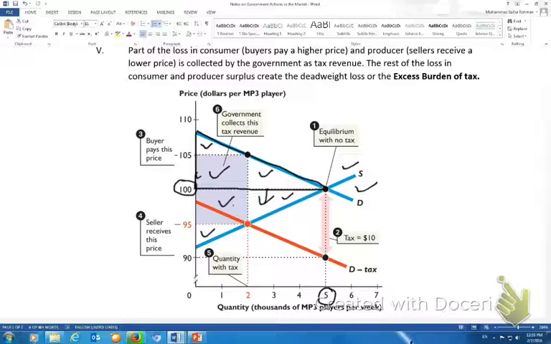It will cause the demand curve to shift to the left, down, by an amount equal to the tax. So the vertical distance between the original demand curve D, the blue one, and the new demand curve, D minus tax, the red one, is 10. With the new demand curve and the original supply curve, we find equilibrium now at a point at which the equilibrium quantity is now 2 and the equilibrium price is minus 95.